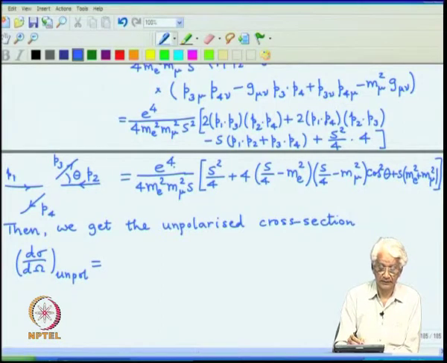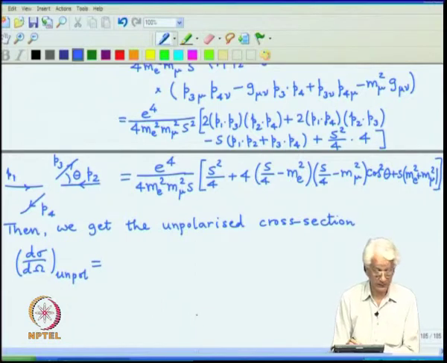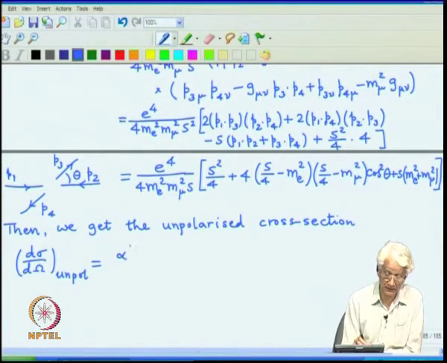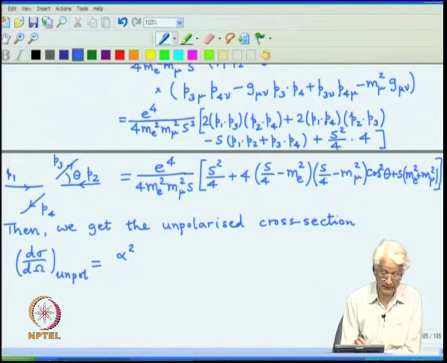There is e to the 4 and there are factors of 16 pi square in the denominator, which can be just written as alpha square. Alpha is the fine structure constant, the masses in the overall proportionality actually completely cancel out, and one is left with this factor of alpha square by s cube.